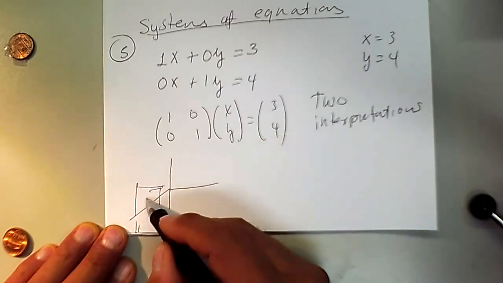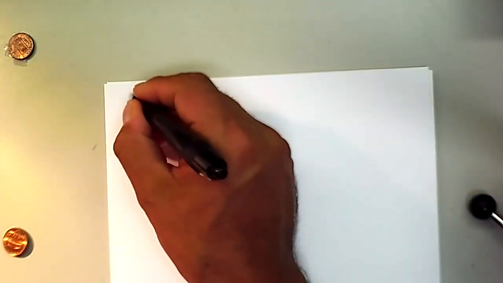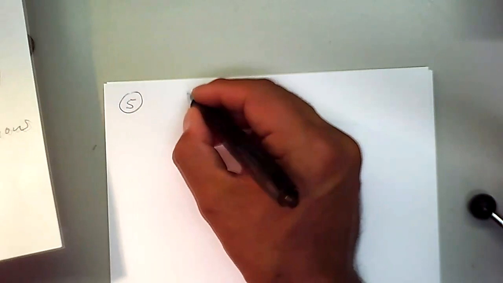Actually, we didn't even have to do that. Now that I think about it, let me draw it again. So back to example 5, and I'm going to copy some of this.